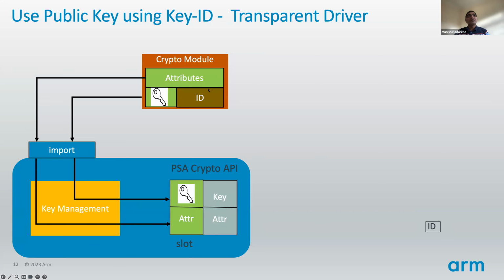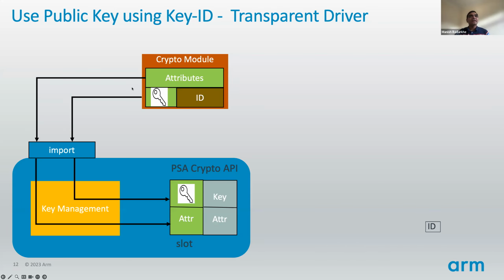When you call this import function, the crypto module gives all the attributes I mentioned in the previous slide, along with the key data. The key data is given in DER format, and then it gives the ID variable, which is the output of this API, which you want to receive from the PSA Crypto API.